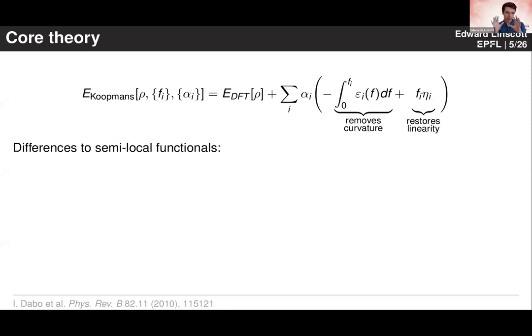If we look at this general functional form, there are several key differences between this kind of functional and a semi-local functional that we all know and love, and that you'll be used to performing calculations with. Firstly, we get different flavors of our functional. Andrea mentioned some of these briefly, and I'll enumerate them in detail coming up, but this is all to do with what precisely we choose for this slope.